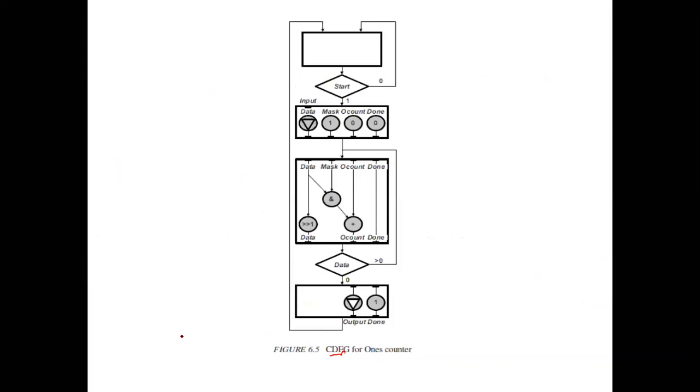CDFG is another way of representing the same input. This is a more graphical representation of the same code. This is also the code for a ones counter, written here as CDFG, control data flow graph, for ones counter.